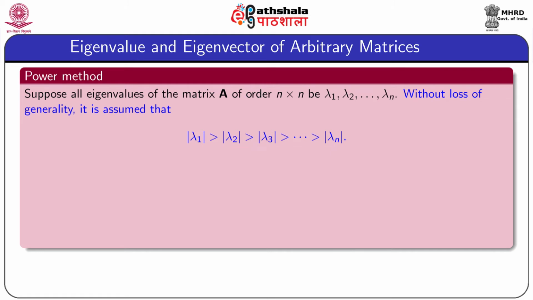That means lambda 1 is the largest magnitude eigenvalue and lambda n is the least magnitude eigenvalue of the matrix A.